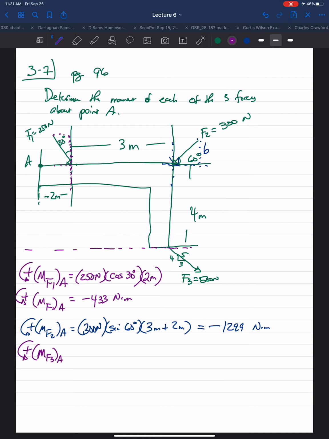There is a perpendicular distance between the horizontal and A. The vertical component, given to you this line of action, there is a perpendicular distance. So we have to take both components of F3 into consideration as they cause a moment about point A. So the horizontal being the 3/5, let's take that first.